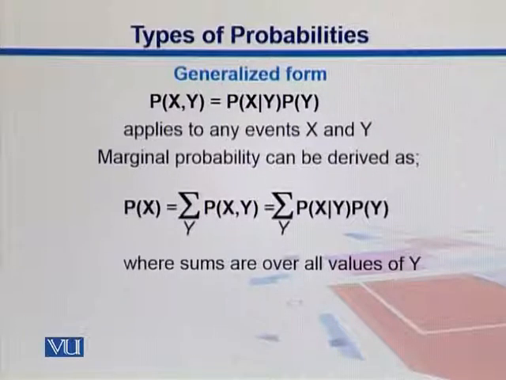Here we can use this equation to get those marginal probabilities. If we want to get the marginal probability, for example, for any event like x here, we can get it through this equation where P of x is the summation over all values of y. For all y's, we are actually getting the probability of x. For example, you are getting the probability of 2 from die 1 and die 2.